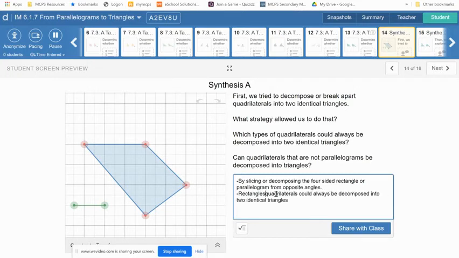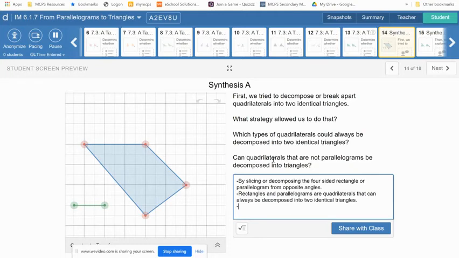Rectangles and parallelograms are quadrilaterals that can always be decomposed into two identical triangles. You see how we did that? We just took the question and embedded it into our answer.